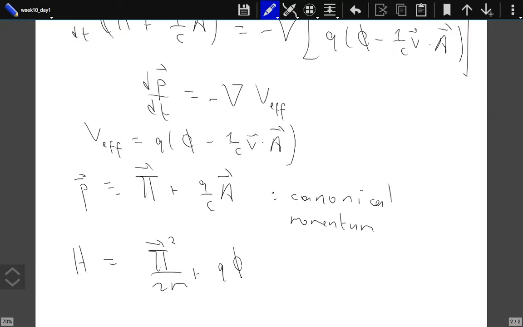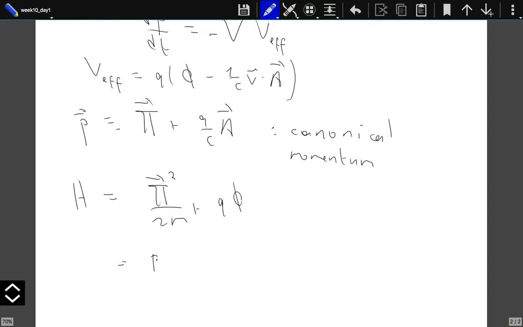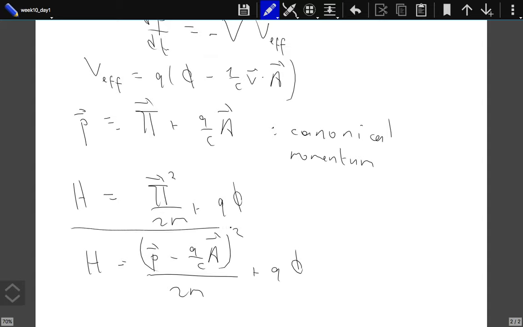This is my Hamiltonian of my system, where the kinetic momentum is now P minus Q over C A, squared over 2m, plus Q times phi. This will be my Hamiltonian that I will be using to study the motion of my particles in an electric and magnetic field.